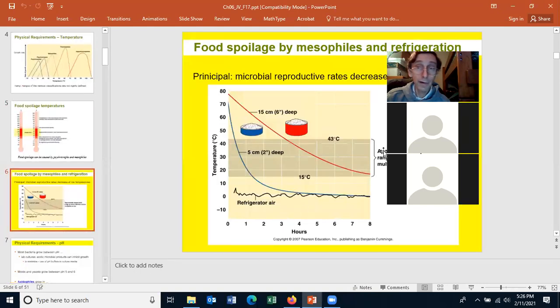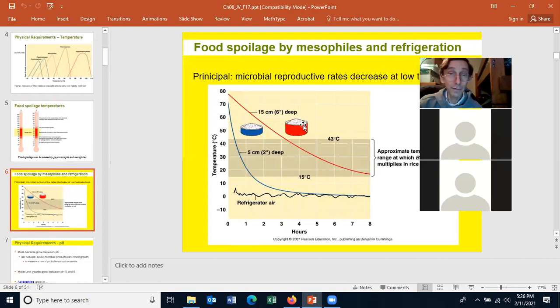Food spoilage occurs when it's held at too warm a temperature or when it is in too large of a vat and it's added to the refrigerator, but because it's such a large amount, the food doesn't cool down quickly enough, and then organisms can grow in it. And usually the organisms that grow in it release a toxin. And so the food looks fine, but it has a toxin in it. And then when people eat it, they get gastroenteritis.